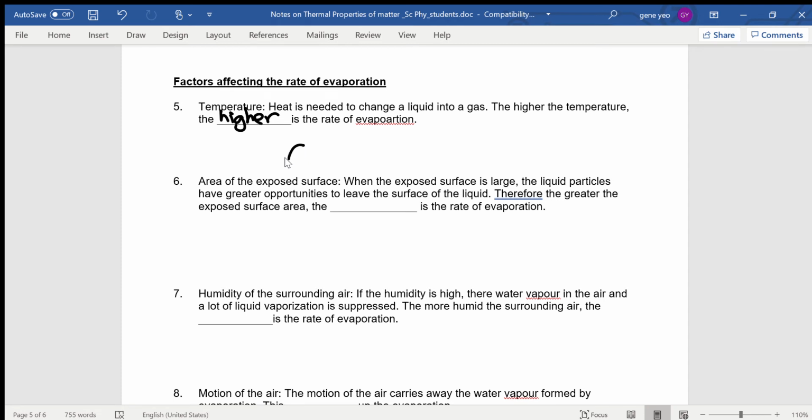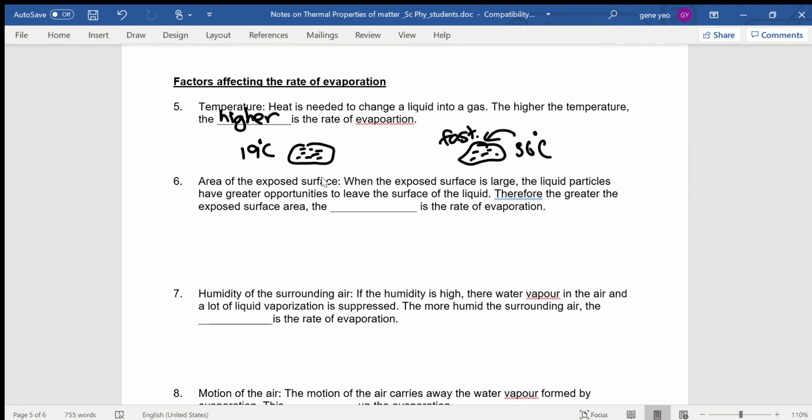If I have a body of liquid where the temperature is, let's say, 19 degrees Celsius, compared to another body of liquid where the surrounding temperature is 36 degrees Celsius, the rate of flow of energy from the 36 degrees is going to be higher. Therefore, this one will evaporate faster. So that's temperature, a bit of common sense there.